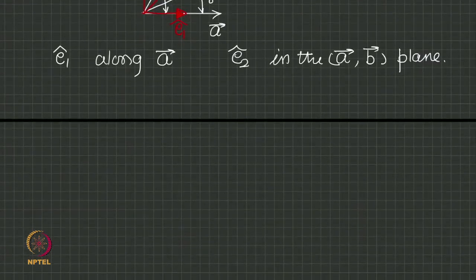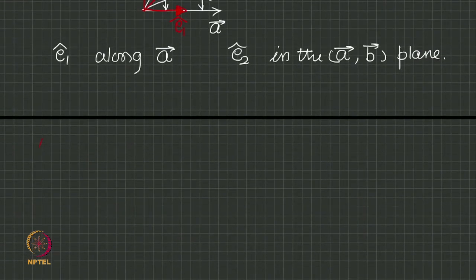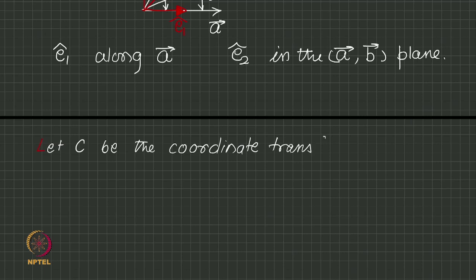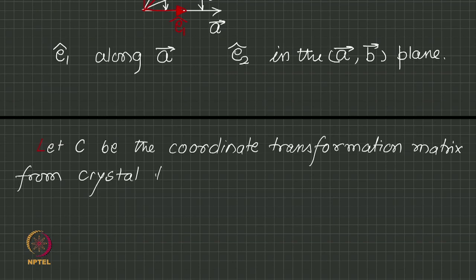So, now we already know our algorithm for setting this up. So, let C be the coordinate transformation matrix from the crystal to the orthonormal system.